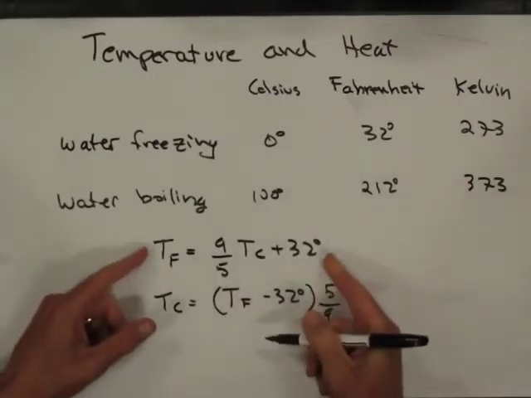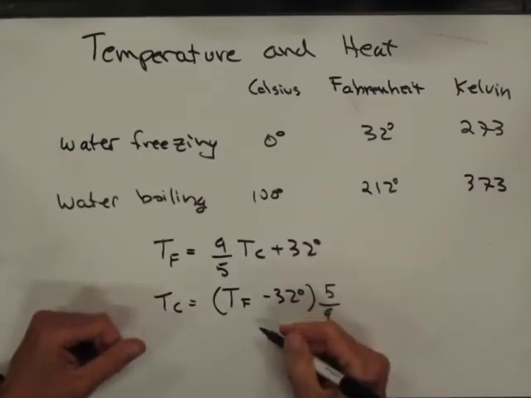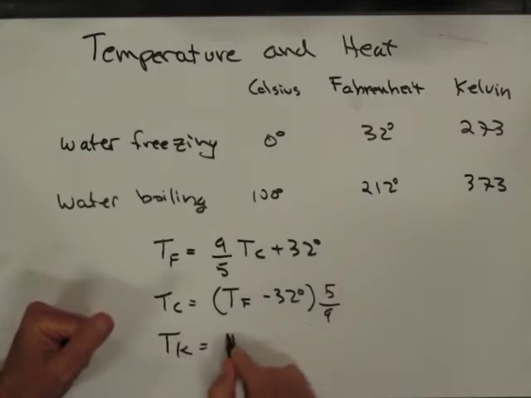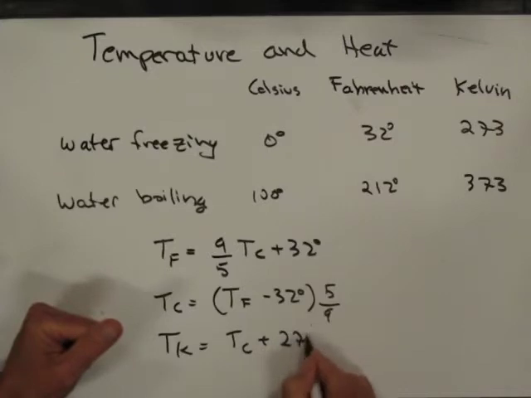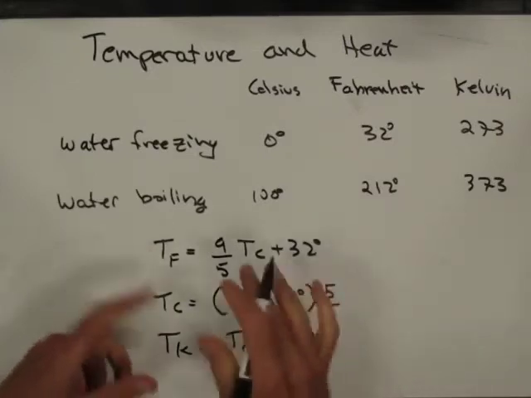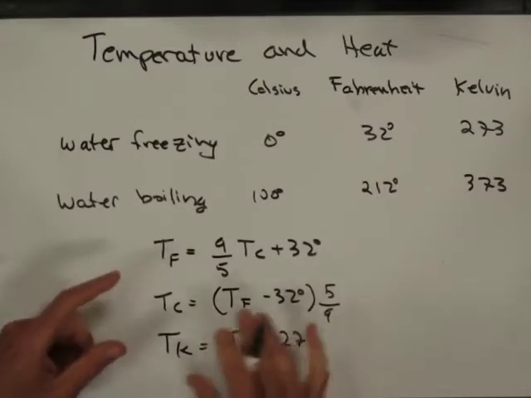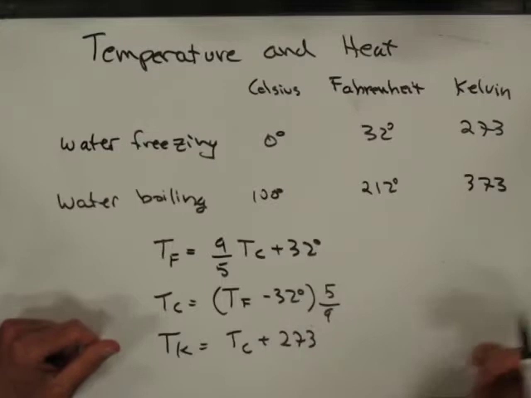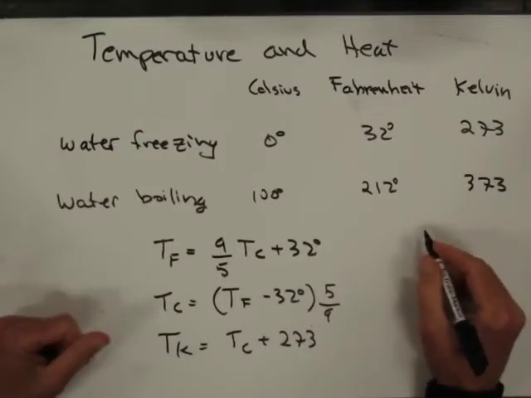This is just an algebraic rearrangement of that one. And then we can say the temperature in Kelvin is equal to the temperature in Celsius plus 273. And if you need to go from Fahrenheit to Celsius to Kelvin, you can rearrange those and do that.